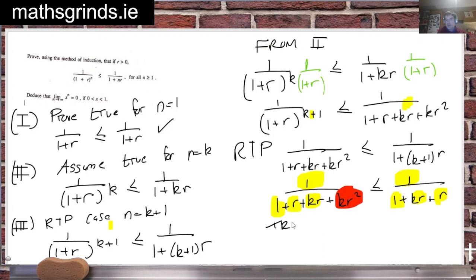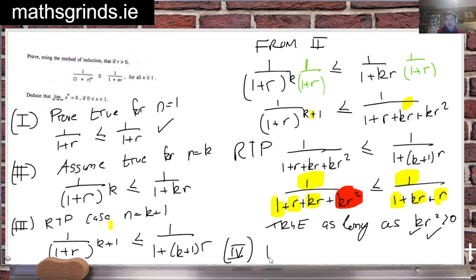So this is true as long as kr squared is positive, and r squared is positive because it's r squared, and k is positive because k is 1, 2, 3. So that's actually done for step 3.